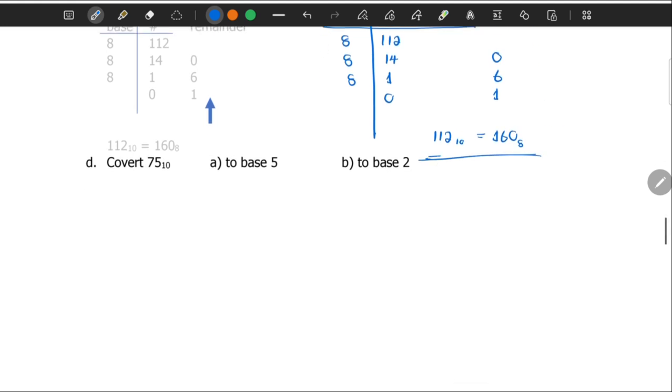Then the next question asks us to convert 75 in base 10 to base 5 and to base 2. The first part is to base 5. So we have the base, the number, and the remainder.